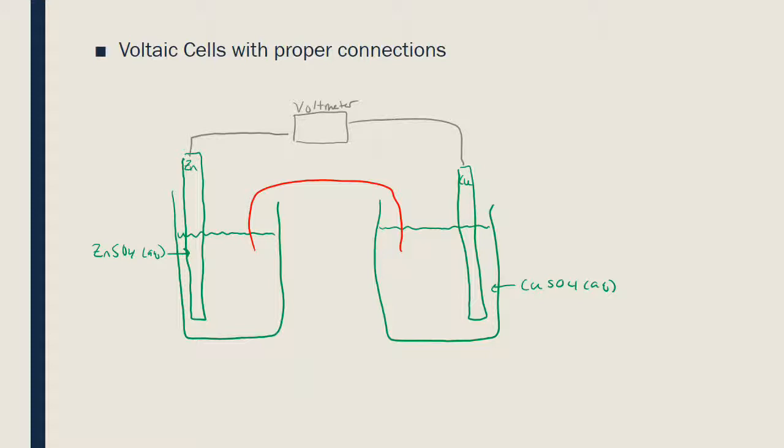It will contain or be soaked in a solution of ions, specifically either sodium nitrate or potassium nitrate, because they are strong salts and they will dissolve in solution, allowing free-floating ions to be around. All right, so here, this is the proper setup. So we have our electrical wire connected to each metal and a voltmeter, and then we have our salt bridge. The salt bridge is what actually completes the circuit. It closes the circuit so that it allows the whole process to work.